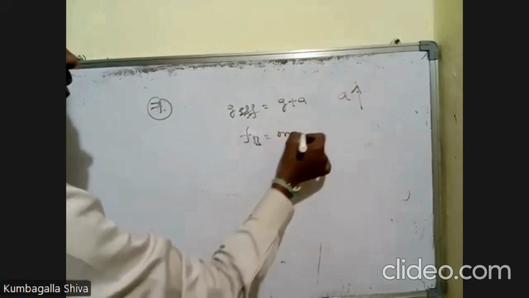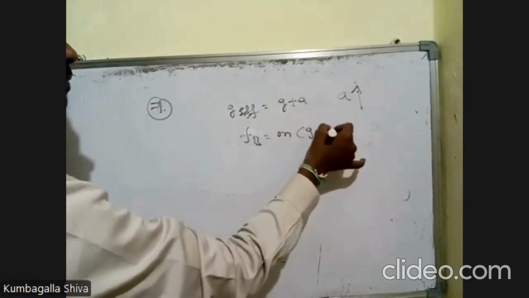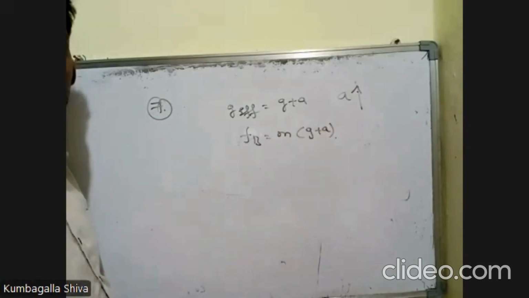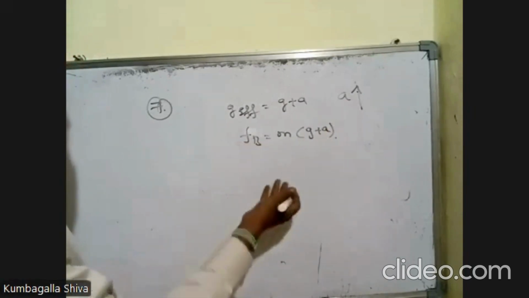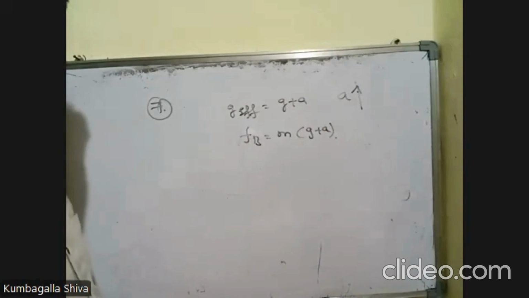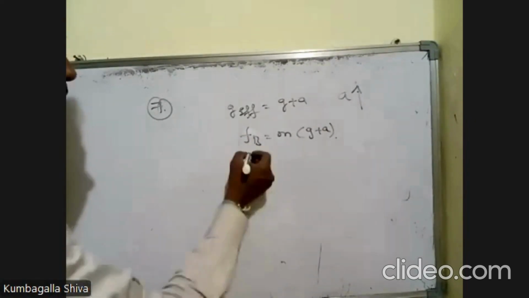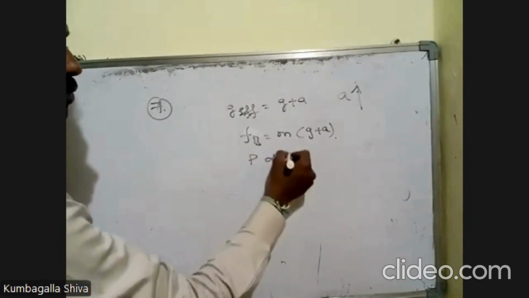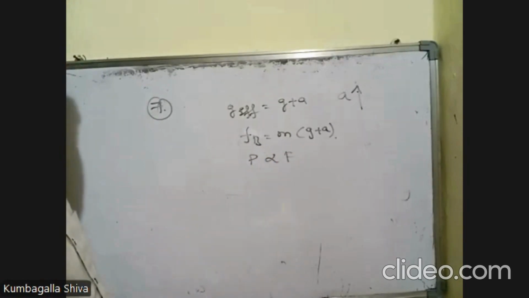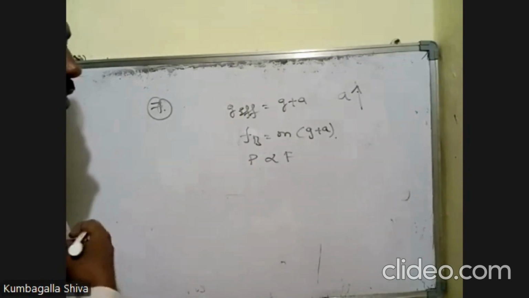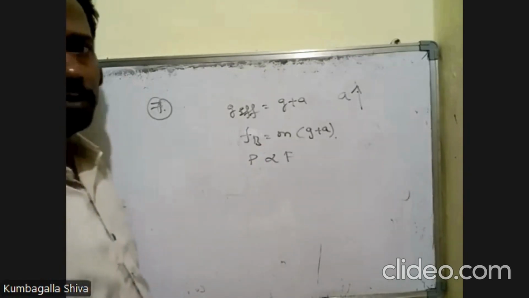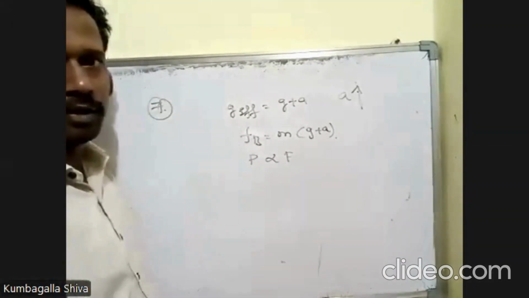M of G plus A, you write. Since the buoyancy force is increasing, the pressure also will be increasing, because pressure is directly proportional to force when the area is constant. It means atmospheric pressure will be increased.